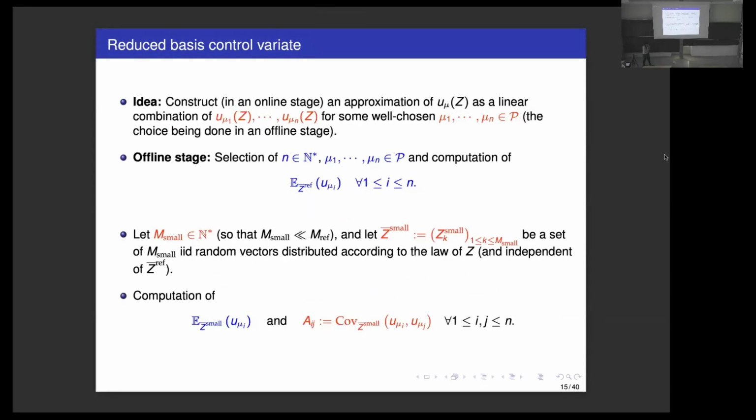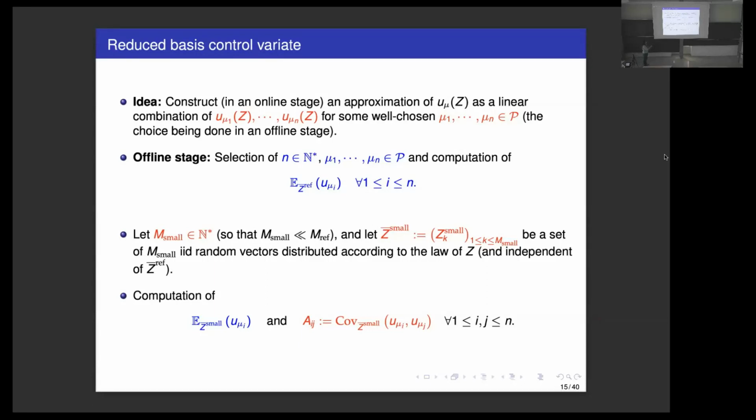Then the idea of Sebastien Boyaval and Tony Lelièvre is the following. The idea was to construct a control variate in order to approximate u_mu(Z) as a linear combination of u_mu1(Z) to u_mun(Z) for selected values mu1, ..., mun of the parameter vectors, which will be selected using a greedy algorithm from reduced basis method theory. Assume that the greedy algorithm has already selected such values of parameter, mu1, ..., mun.